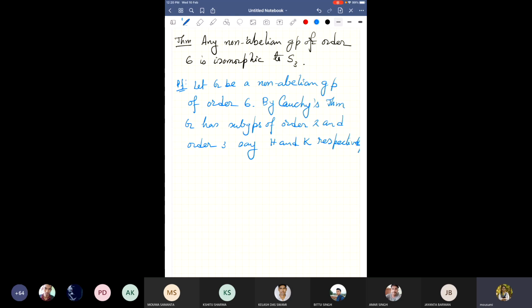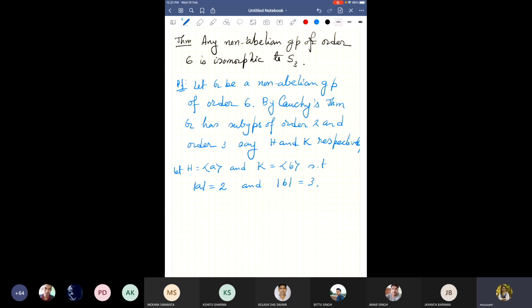Okay, so now this H is an order 2 subgroup. So H will be what kind of group? It has to be a cyclic group because a group of prime order is a cyclic group. So let H be generated by A, and K will also be a cyclic group, say generated by B because it is of order 3, such that order of A is equal to 2 and order of B is equal to 3.